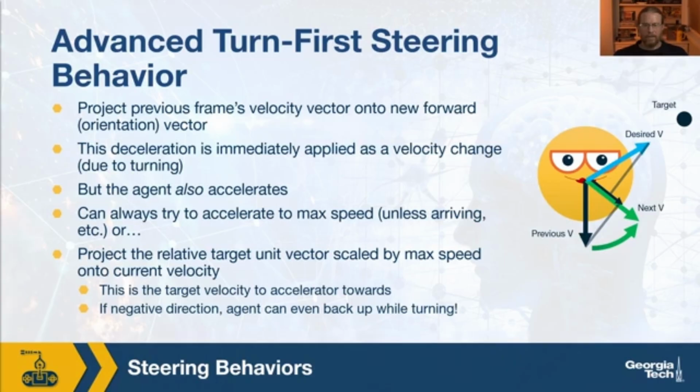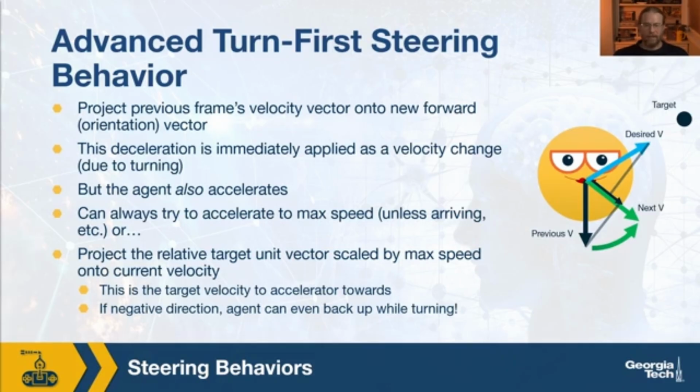Once we've got this new shorter velocity vector that was shortened because it was projected onto this new direction, we could immediately reclaim that lost velocity through acceleration. Unless we can turn so quickly and the linear acceleration of the agent is slow enough that it can't catch up over multiple frames, then the agent will slow down.